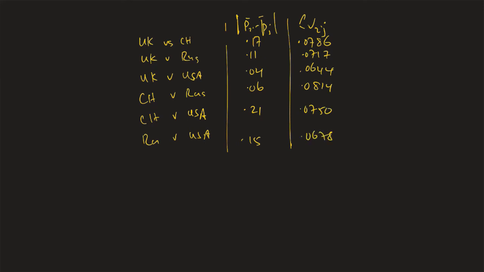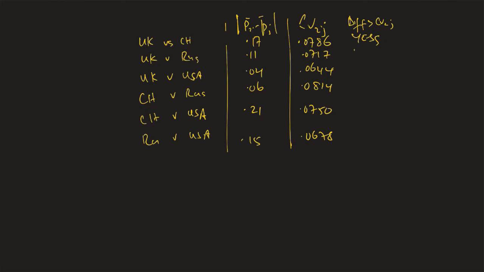Now if we compare those, remember, if we could show that the absolute value of the difference is greater than CVIJ, then we have evidence of a difference. So the question is, do we have a difference? In this case, the answer is yes.